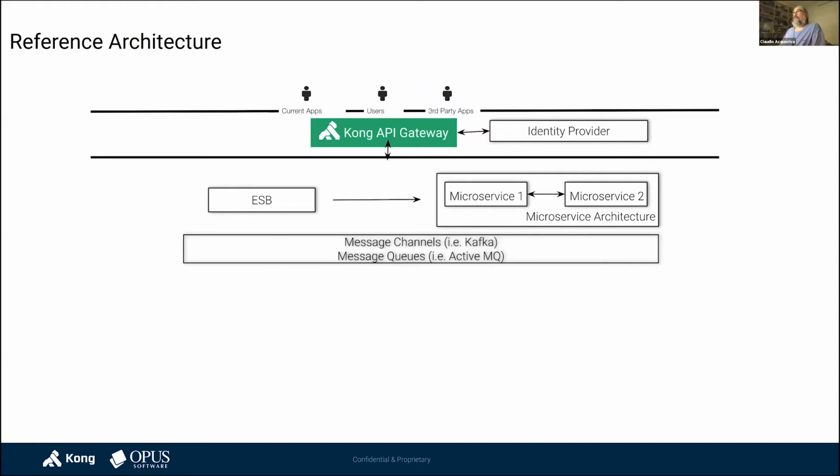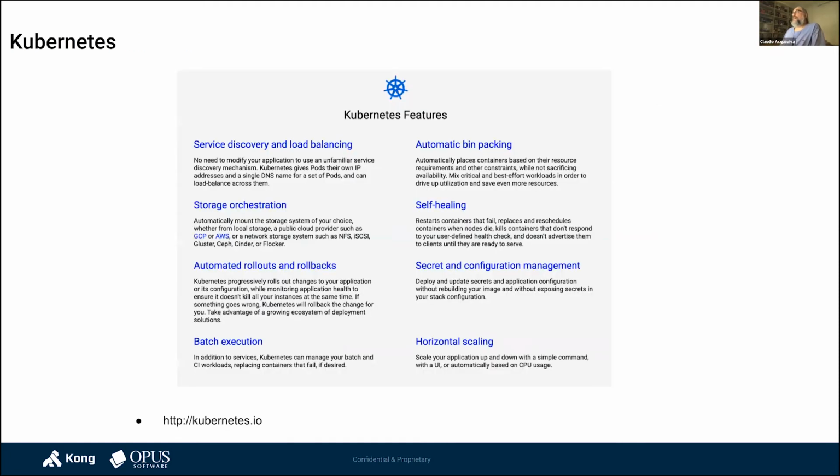But in the marketplace, we're seeing another option getting traction, much more traction when compared to the other options right now, which is Kubernetes. Kubernetes is there to help you out mainly because of these non-functional requirements.